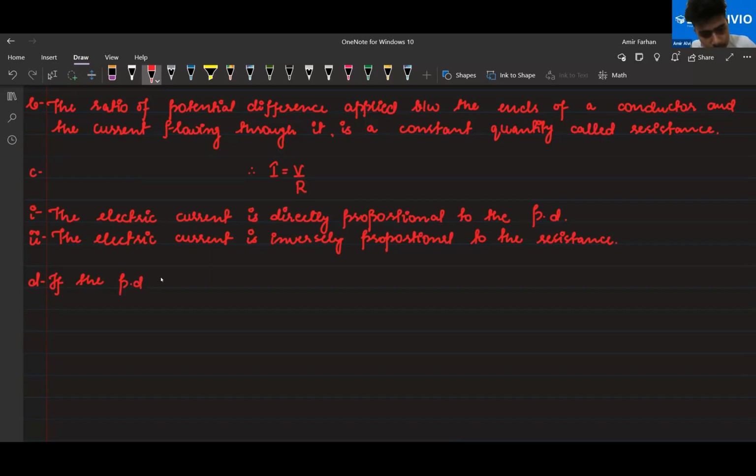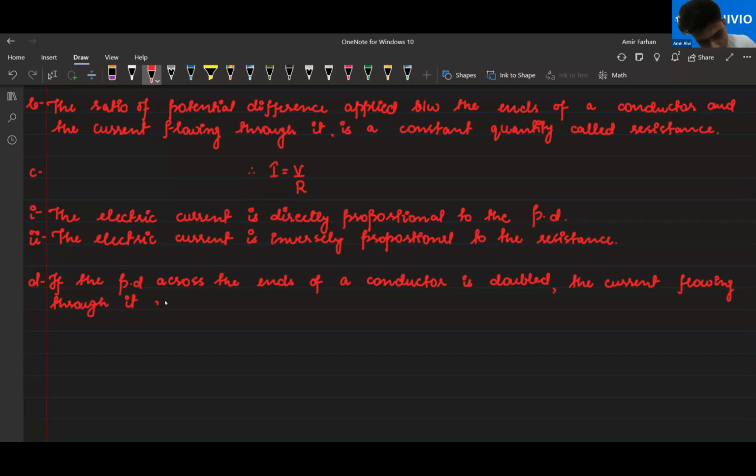If the potential difference is doubled, the current flowing will also get doubled.